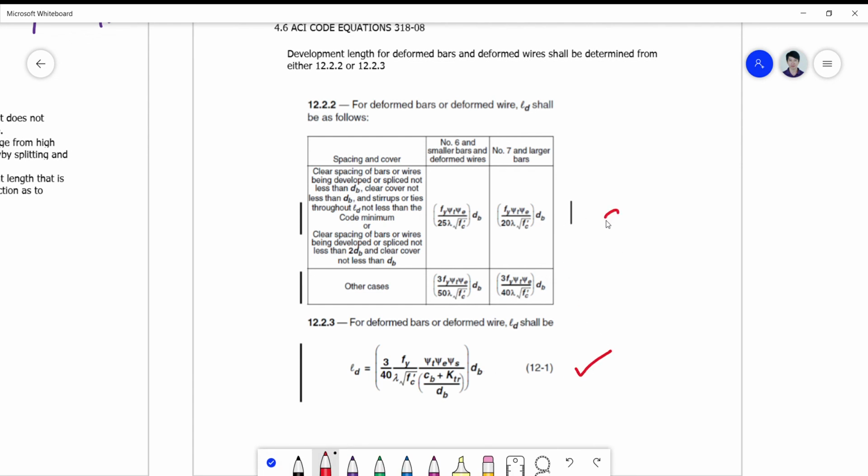This is the simple equation, and this is of course the detailed equation, just like shear, yes, just like shear, we have the simple and the detailed equation.